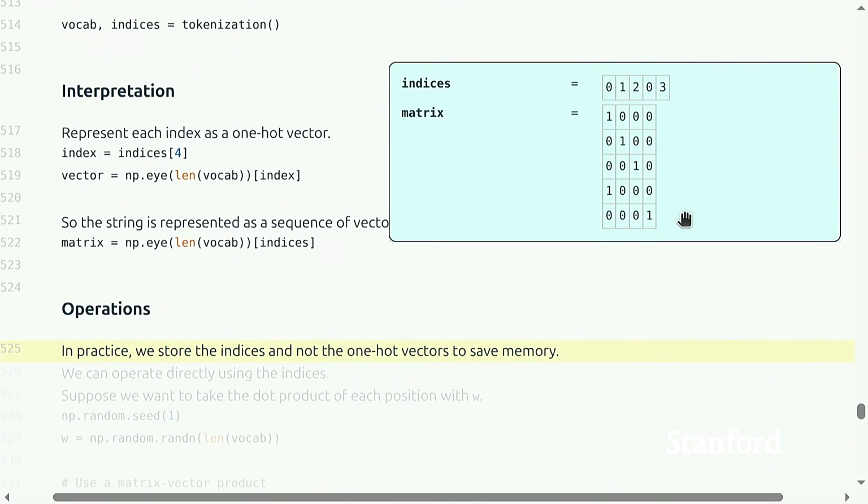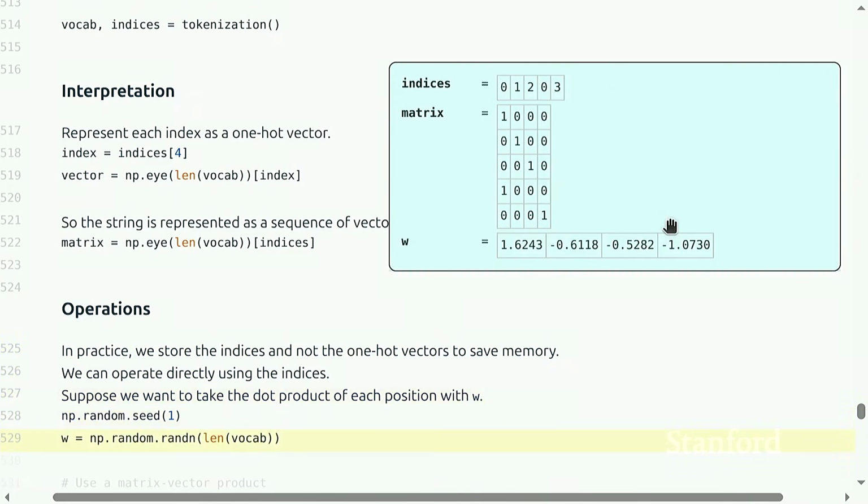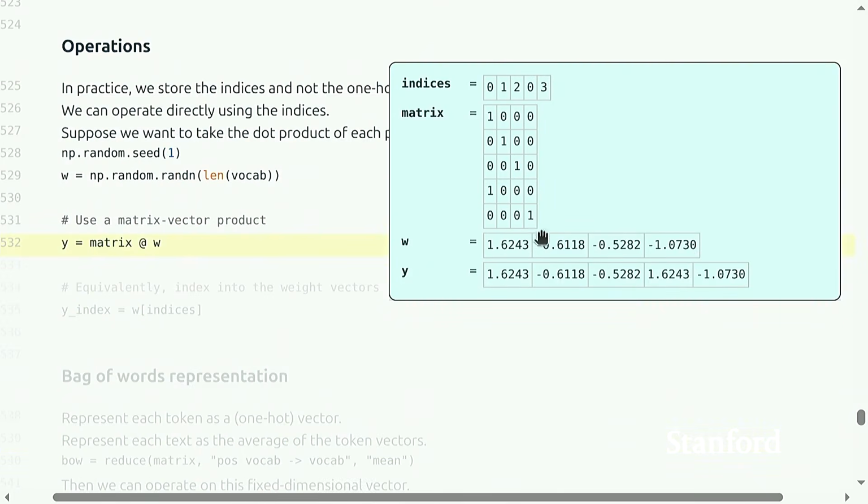So in practice, we can store the indices and not the one-hot vectors, because this is going to be sequence length times vocab size if you do it really naively. And you can directly operate on the indices. So suppose we have this vector, and we want to multiply this matrix by this vector.